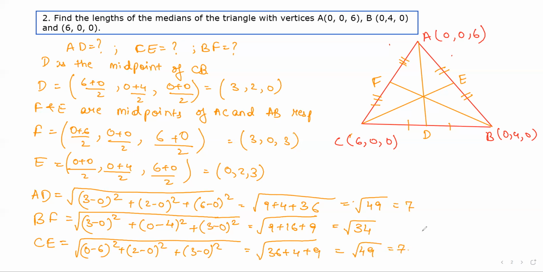So by this, the lengths of the medians would be 7, root 34, and 7. By observing these values, you might say it is an isosceles triangle. Sorry, it's not an isosceles triangle. By this, you can only say that two medians are equal. That's it.